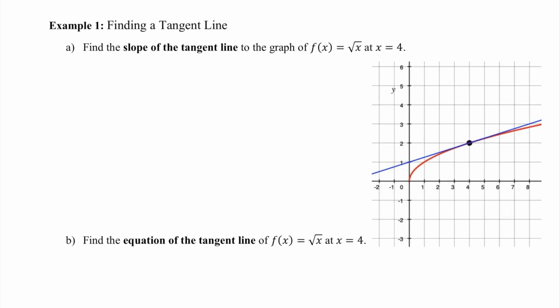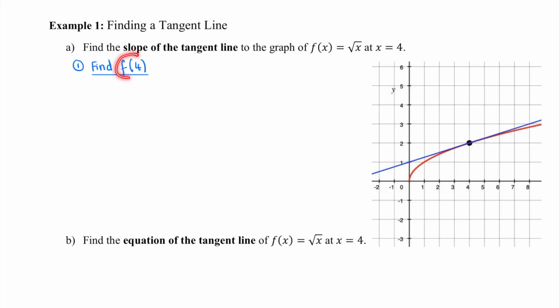Now, let's look at an example. We're given the function f of x equals square root of x, and we want to find the slope of the tangent line when x equals 4. So first, we need to evaluate the function at x equals 4, which is f of 4.